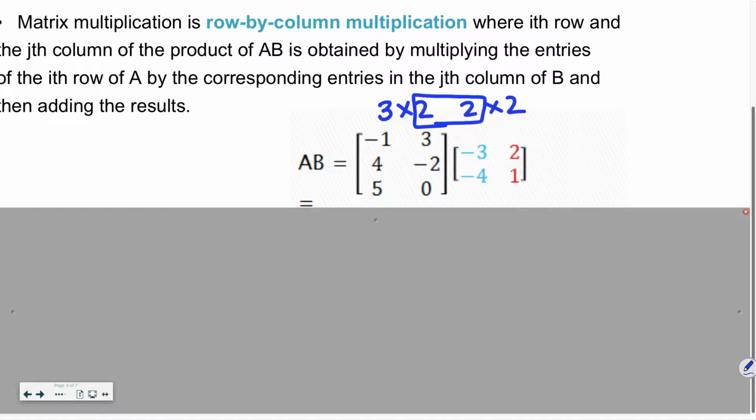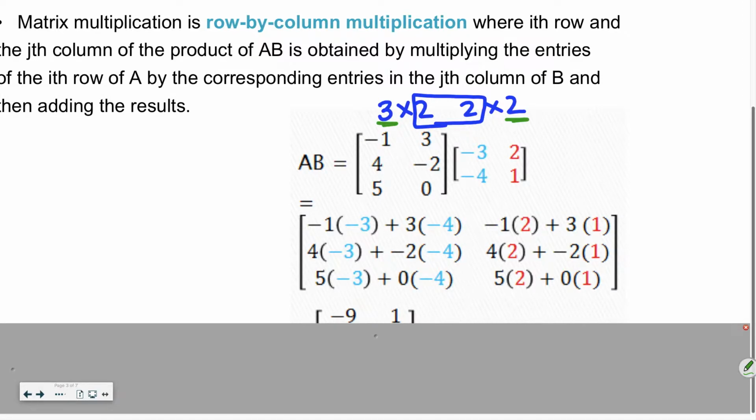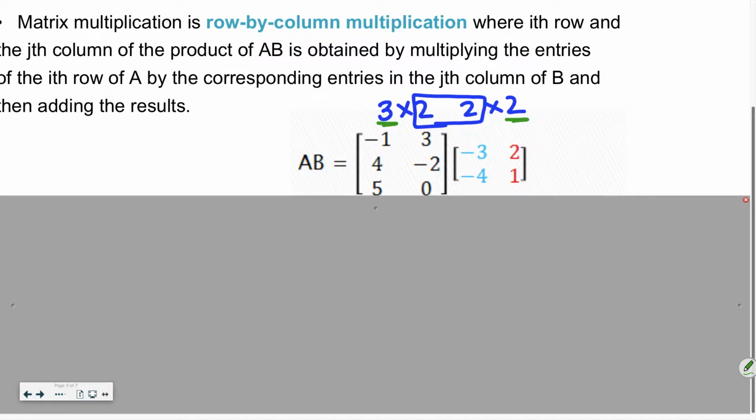So these match up. And our product is going to be a 3 by 2. Now I want you to make that matrix really big because we're going to write a lot in it. We're going to write all of this in it right here. Okay? So make it a little wider than you normally would. Okay?